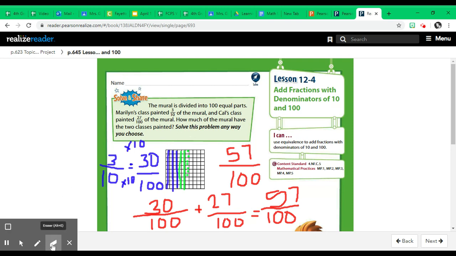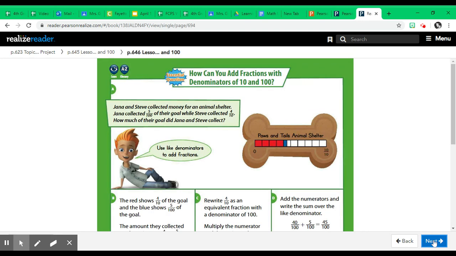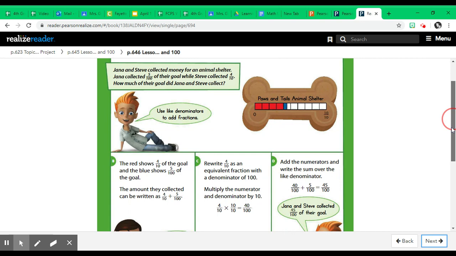Okay, I'm going to go ahead and erase, and I'm going to move on to the next part. Okay, here we have our visual learning. I'm not going to walk through the visual learning with you because it explains it. You can also log on to your Pearson platform and watch the video where they will walk you through it.